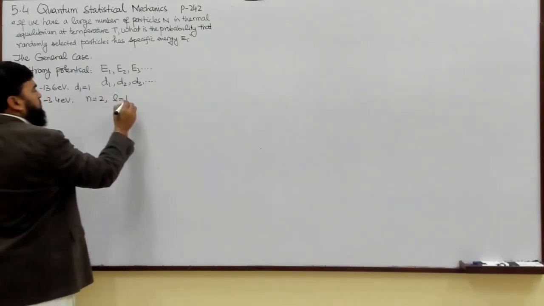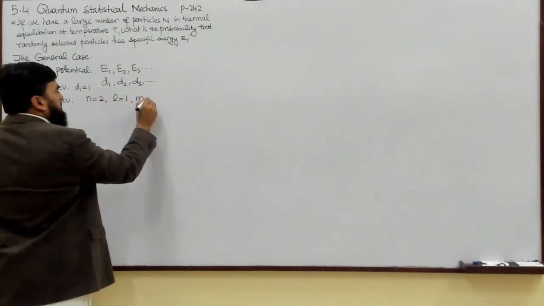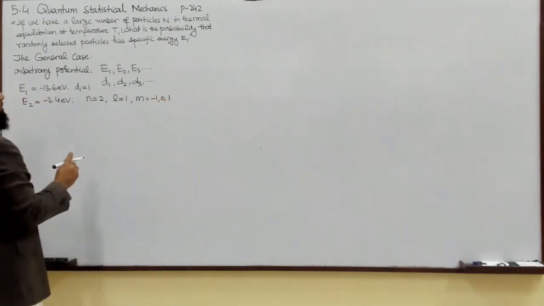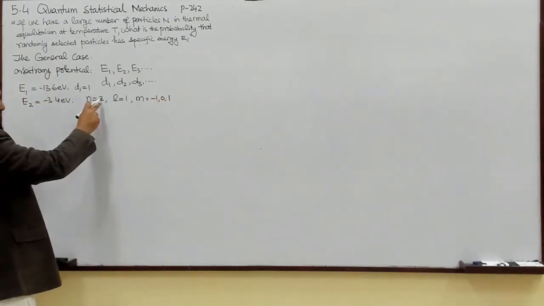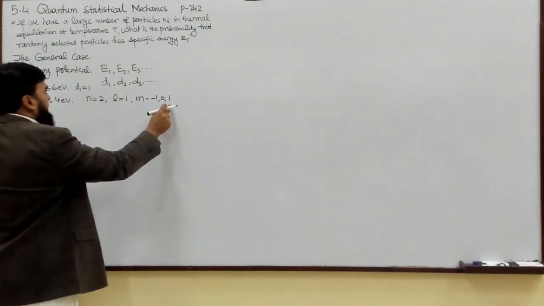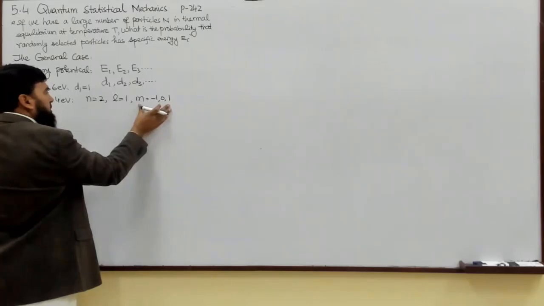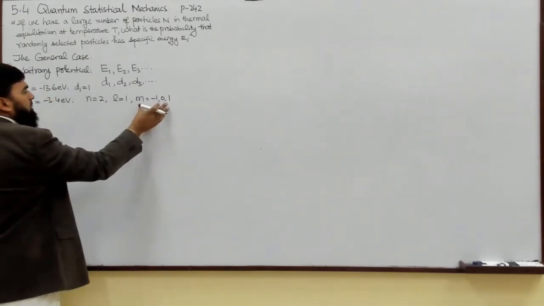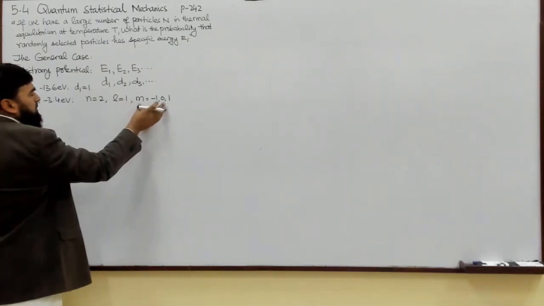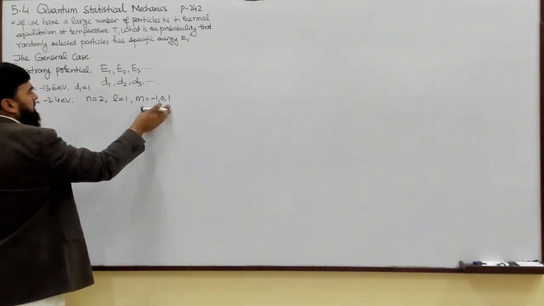When l is 1, then m is minus 1, 0, and 1. So we have three different, distinct states, which are the orbitals with the addition of m. We have already discussed this.